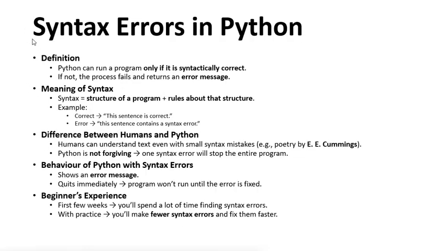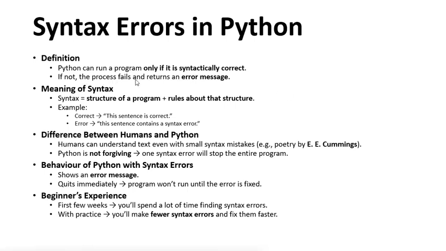The first one is the syntax error. Python can run a program only if it is syntactically correct. Only if the structure and syntax are all correct will it run the program.